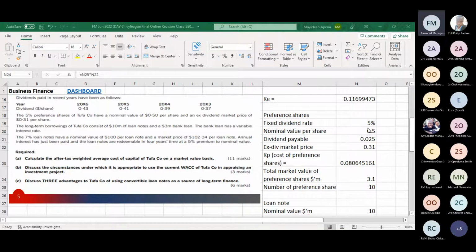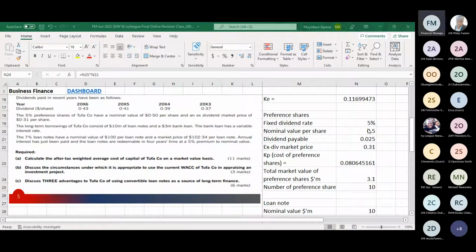The only instrument in that bucket of long-term debt is loan notes, and that's the only one we can use as a benchmark to take a reasonable assumption. So whatever the cost of that instrument is, we can use for bank loan in this case.